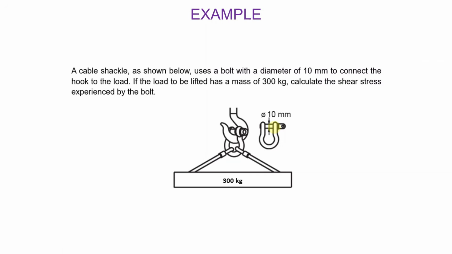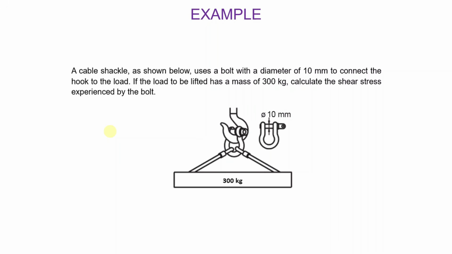Let us look at another example. Now, a cable shackle, as shown below, uses a bolt with a diameter of 10 millimeters to connect the hook to the load. If the load to be lifted has a mass of 300 kilograms, calculate the shear stress experienced by the bolt.